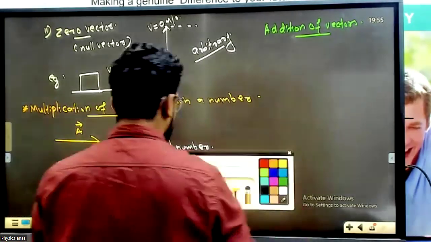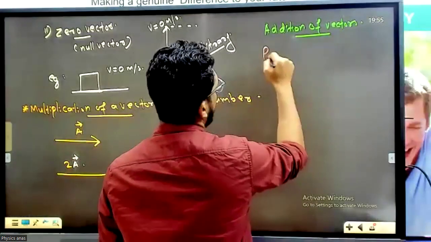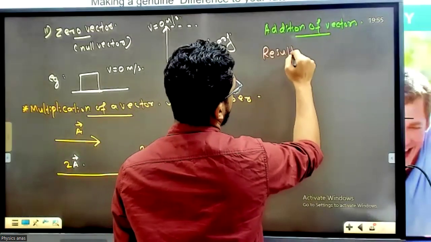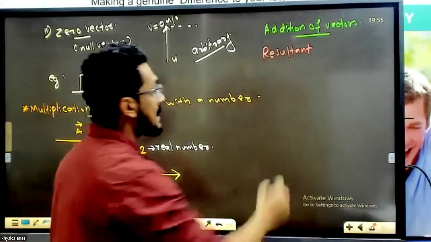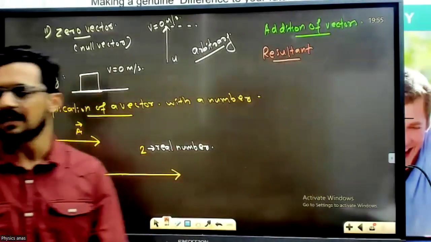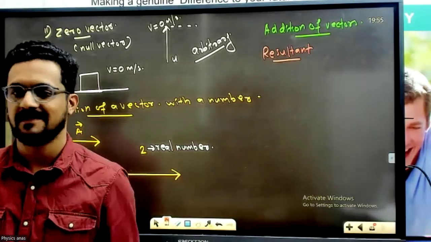Here we need to see a word. That word is resultant. What is the resultant? The resultant is the result of addition of the vectors.